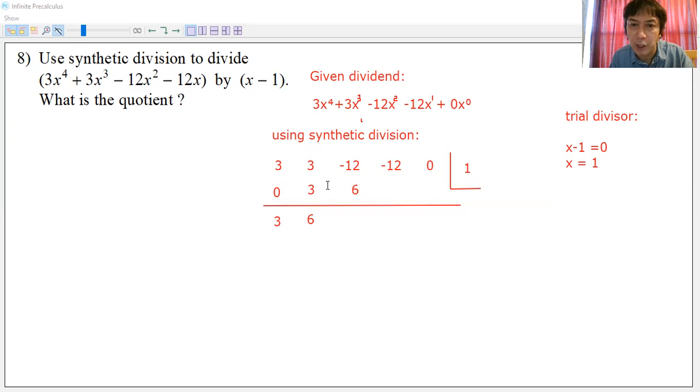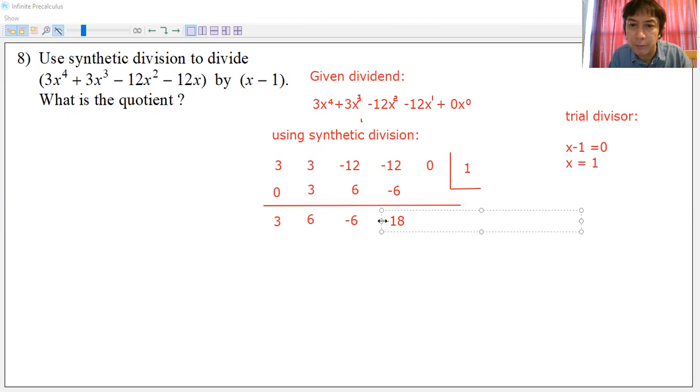This will be our third addition. This will result to a negative 6 there. Negative 6, and then next product is negative 6 times 1, which is a negative 6. Going to the next column, that will be negative 6 there. And here's our next addition between negative 12 and negative 6. That's a negative 18 there.